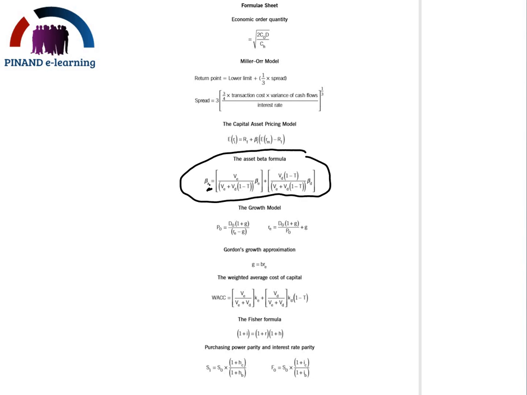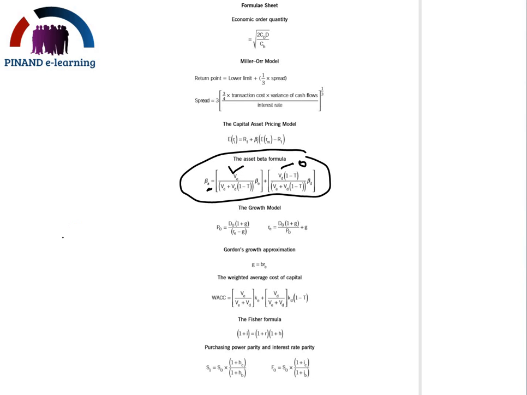I need to say something here. In the ACCA exam, it's assumed that this whole part is represented by 0. So it is only this part that you will have to deal with in the exam. It's like saying this first bracket plus 0, so it's left with only the first bracket.